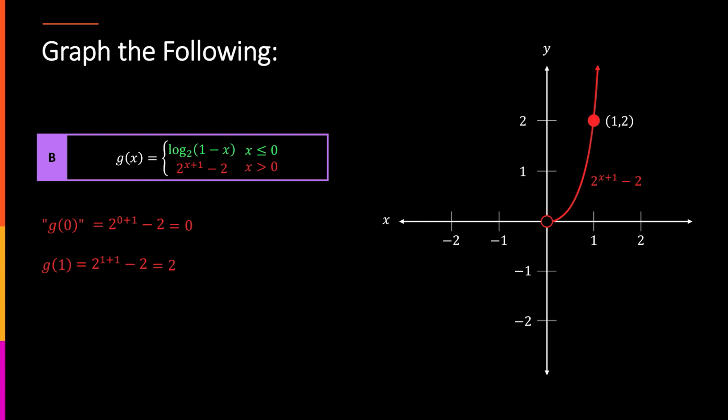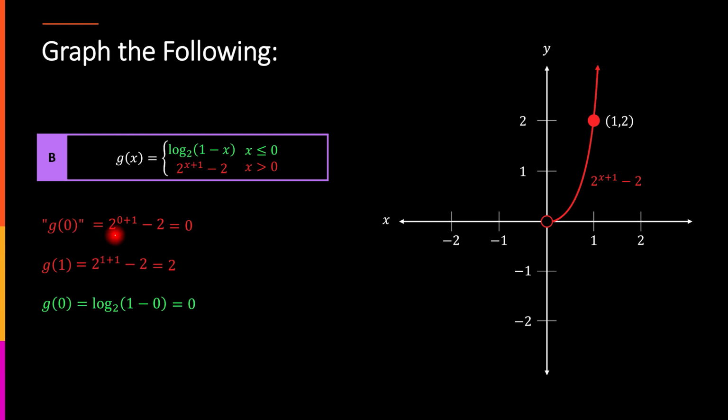Now, the left-hand side, or the top one, our green function up here, I'm going to do the same idea. I'm going to plug in 0 as my starting value, but now it really is plugging in 0, right? Because I have x less than or equal to 0, so it really is that value. That gets me log base 2 of 1, but that's just 0. So notice here now, I'm going to get 0, 0.